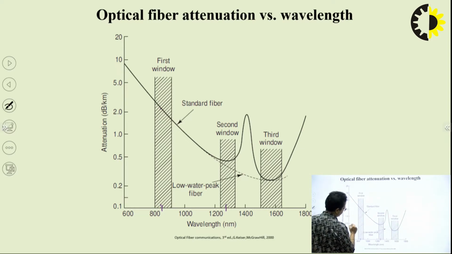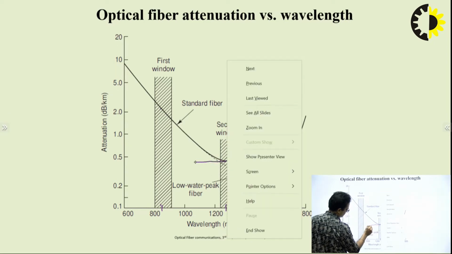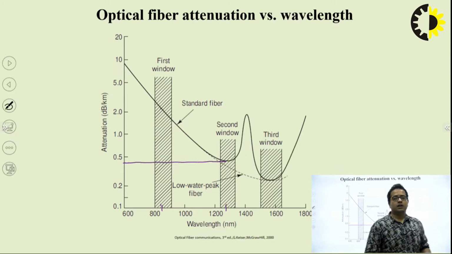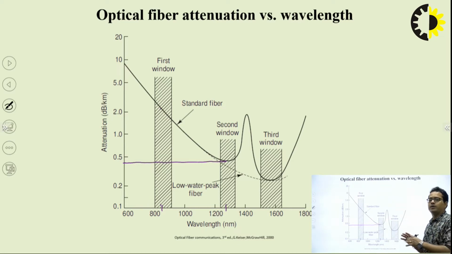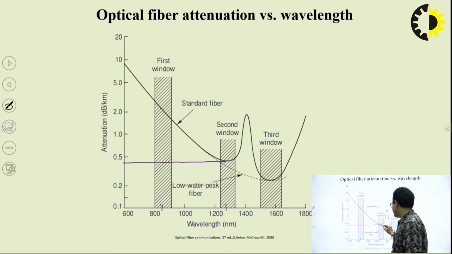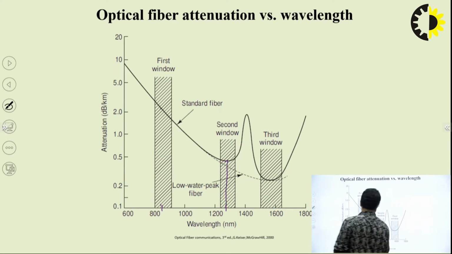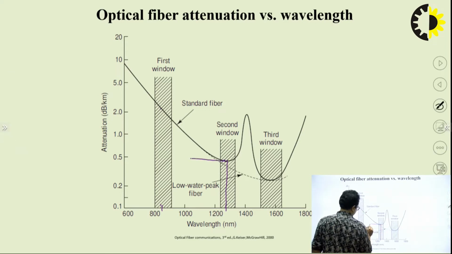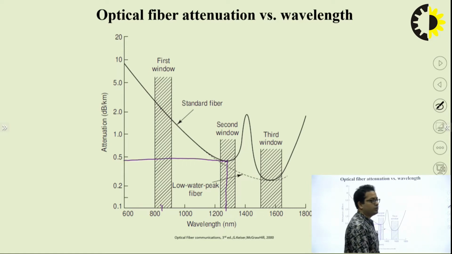So this point tells us the attenuation at the 1300 nanometer wavelength, and from it we can conclude that the attenuation is around 0.4 dB per kilometer.